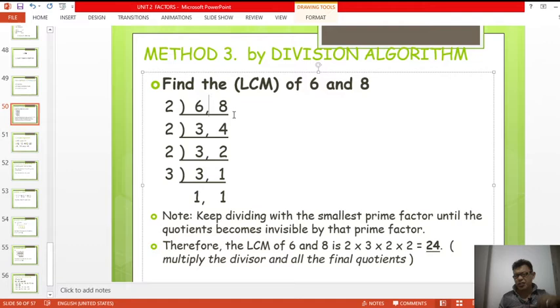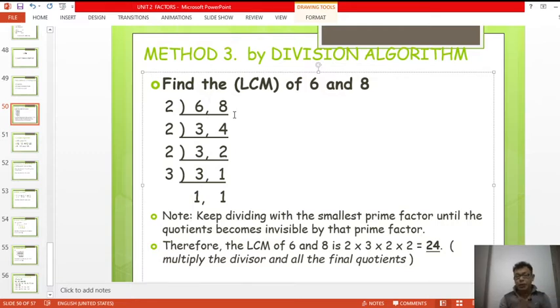Some people just go straight with any other number or any factor. But for me, I suggest we go with prime numbers. Then you'll find it's easier, and it will be like probably 100% correct, in my opinion.